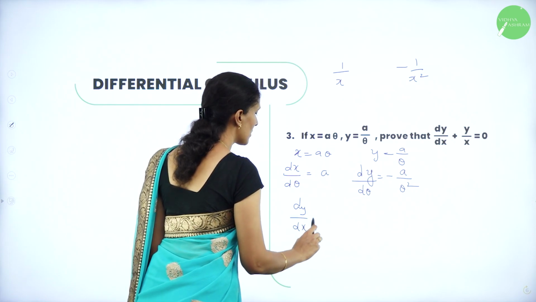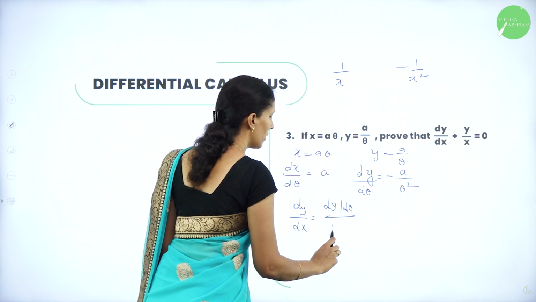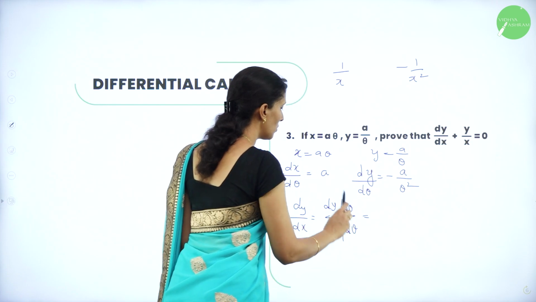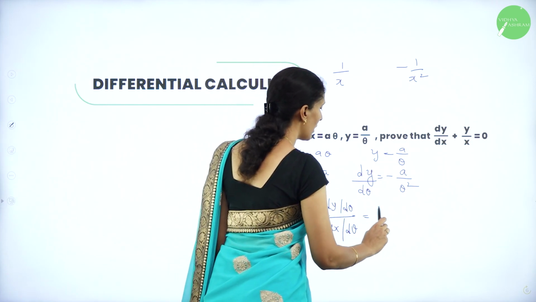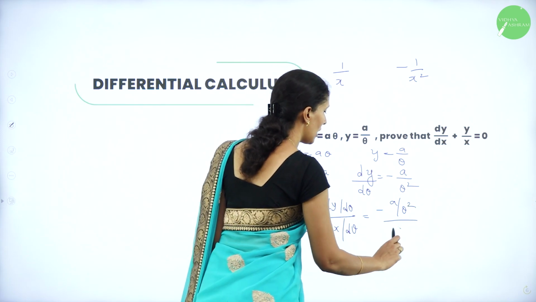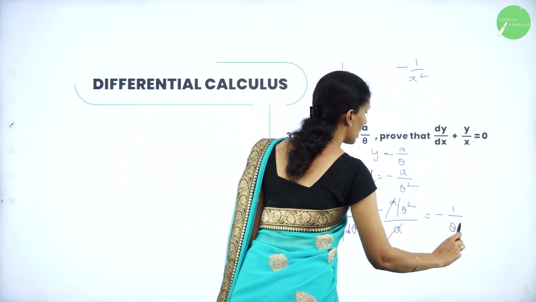Now let us calculate dy by dx. Dy by dx is equal to dy by d theta over dx by d theta. Dy by d theta is minus a by theta square divided by a. A gets cancelled, it is minus 1 by theta square.